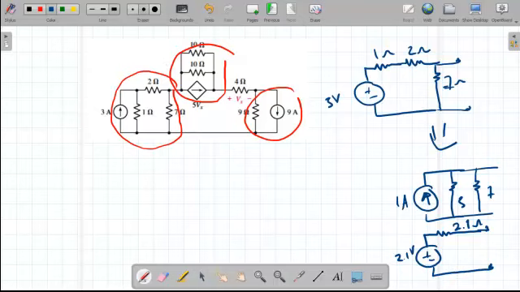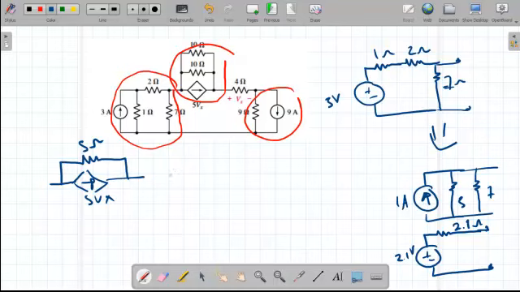In this part we have 10 and 10 become 5, so 5. Then we have this 5 ohm and 5 Vx. Now you can do the source transformation for any source that has a dependent variable. The thing that you should not play with is the resistor that has the dependent variable, the 4 ohm.